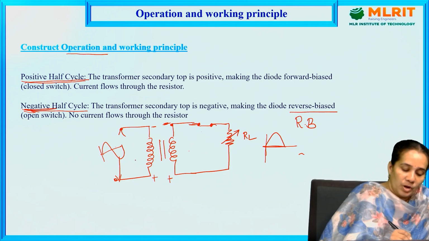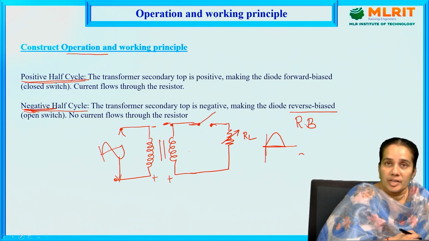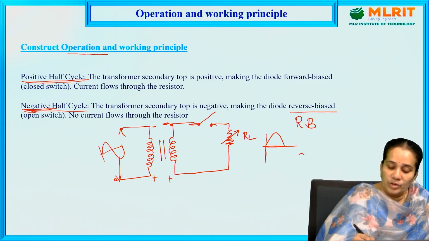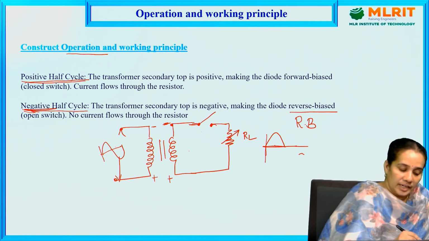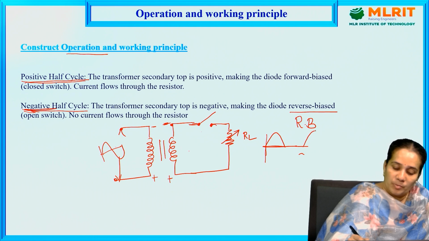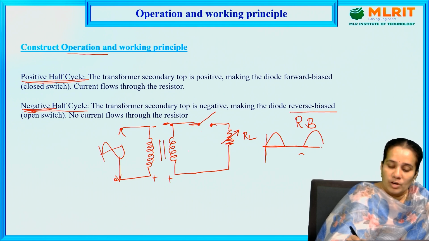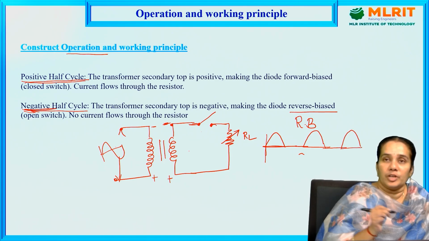During the negative half cycle, the diode becomes an open circuit, so the output is equal to 0. Again, during the next positive half cycle, the output is equal to the input, and for the negative half cycle, the output is equal to 0. And for the next positive half cycle, the output is equal to the input.